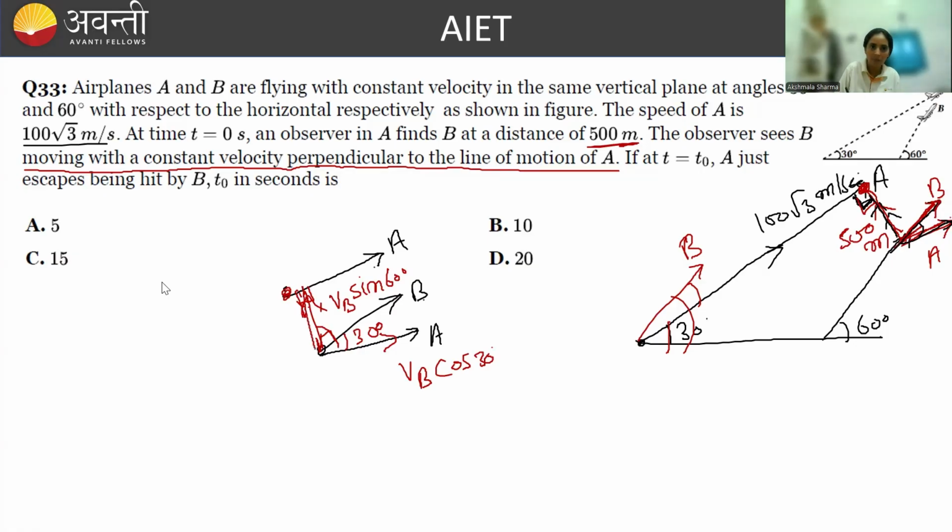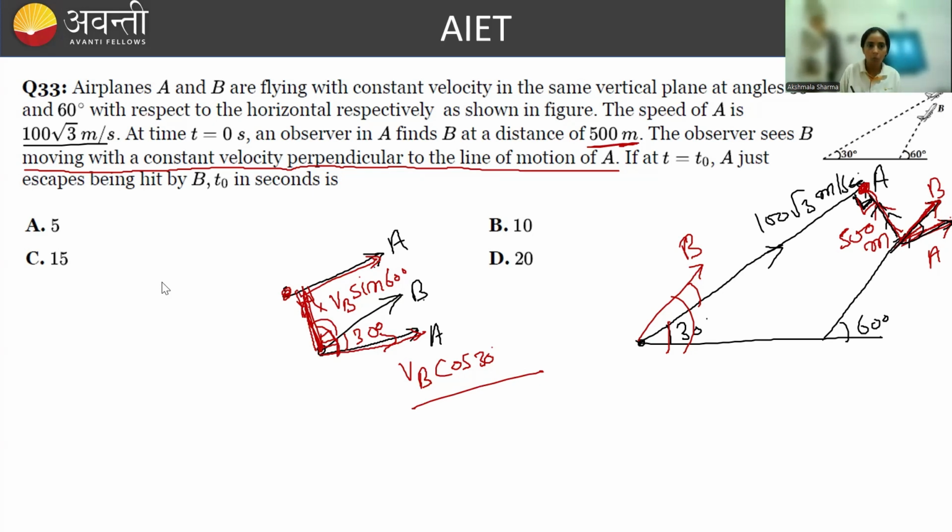Because this line is perpendicular to the line of motion of A. And here this is also the line of motion of A. So this line is perpendicular to this also. Not on B, on A, right? So this angle is 60 degrees. This is 30 degrees. So the velocity of B along A is VB cos 30 and perpendicular to A is VB sin 60.